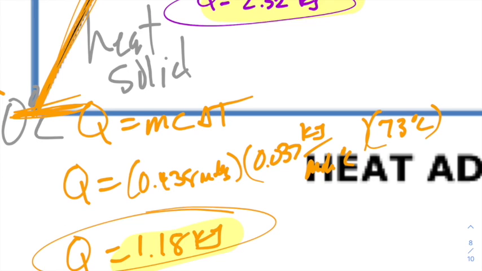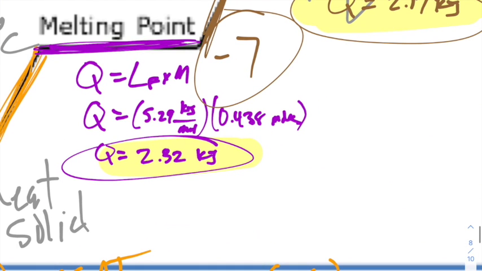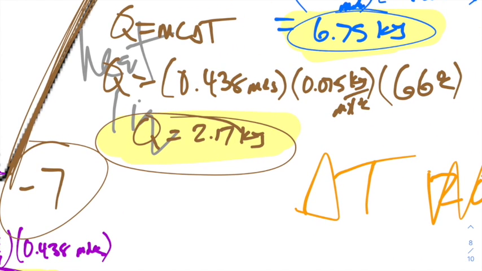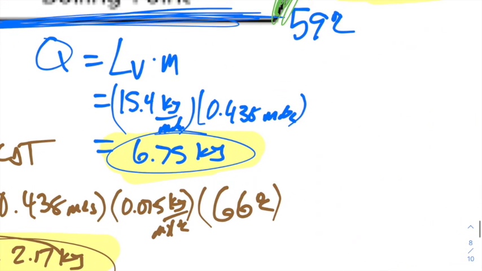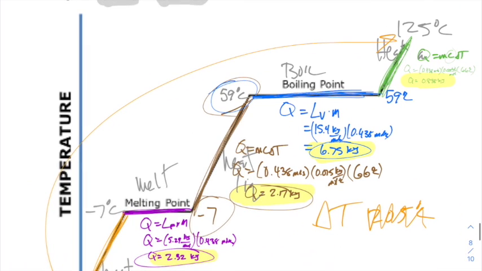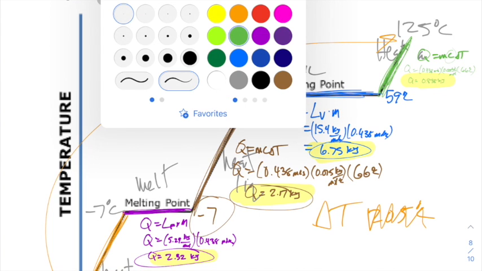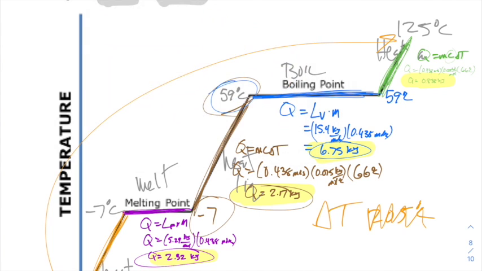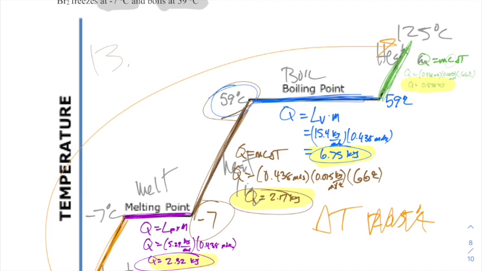So if I take all of those, 118 for step 1, 232 for step 2, 217 for step 3, 675 for step 4, and then 0.838 for the final step, gets me about a 13.3 total kilojoules. So the overall process for this whole shindig here is about 13.3 kilojoules for this whole thing.